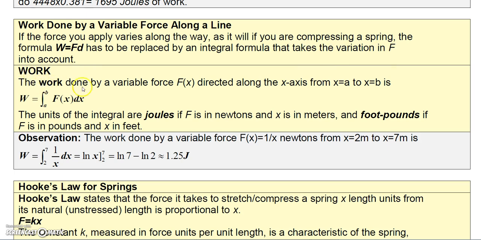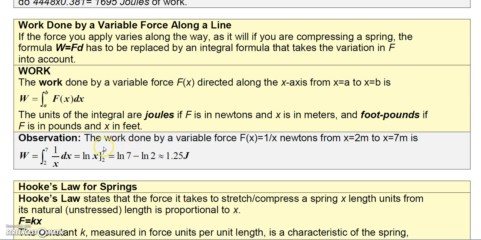The work done by a variable force F of x, directed along the x-axis from x equals a to x equals b, is given by the integral from a to b of F of x dx. The units of the integral are joules if F is in newtons and x is in meters, or foot-pounds if F is in pounds and x is in feet.